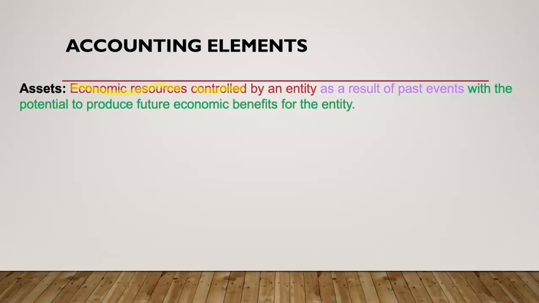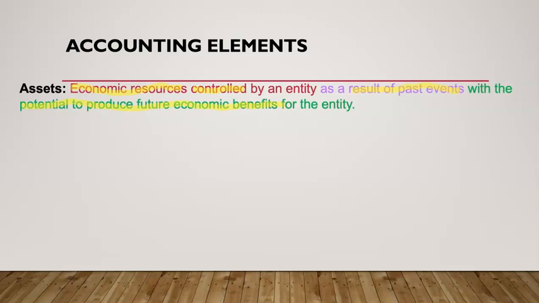So this is a resource that's got some sort of economic value that's controlled by the business. They control it as a result of a past event. A past event has led to the business controlling the resource. And this resource is an asset because it has the potential to produce future economic benefits.